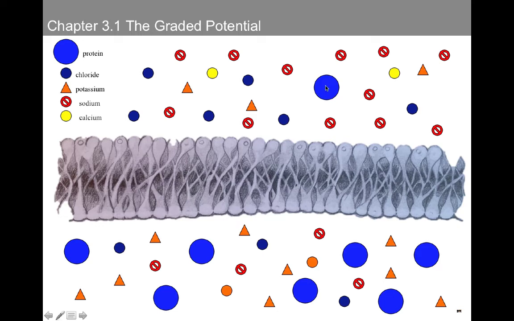We have only one protein molecule in the extracellular space, but we have 1, 2, 3, 4, 5, 6, 7 in the intracellular space. This is a large reason the intracellular space is negative, and they are not able to typically escape to the extracellular space because they're contained by this powerful membrane that plays a very vital role in restoring the electrical potential of the neuron.